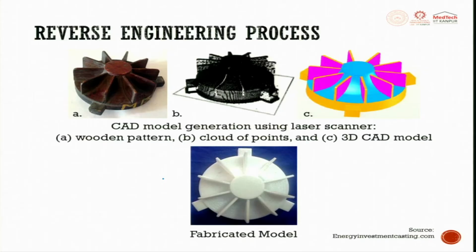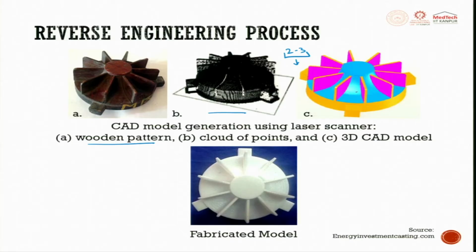Now, again a typical example. This is a wooden pattern of an impeller. When we try to reverse engineer it, we get the cloud data. In the cloud data, you can see only the dots. The dots are the points which have been captured using the 3D scanner. These dots are then converted into mesh. That part also we will discuss. After 2-3 iterations or 2-3 steps in between, we get the CAD model.